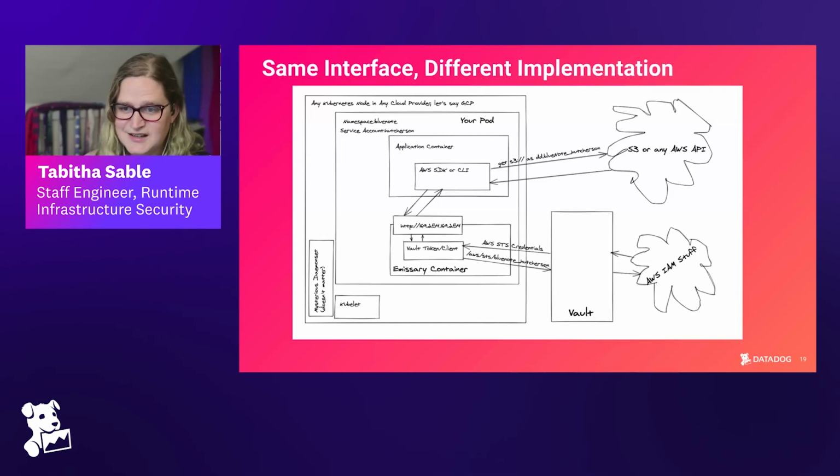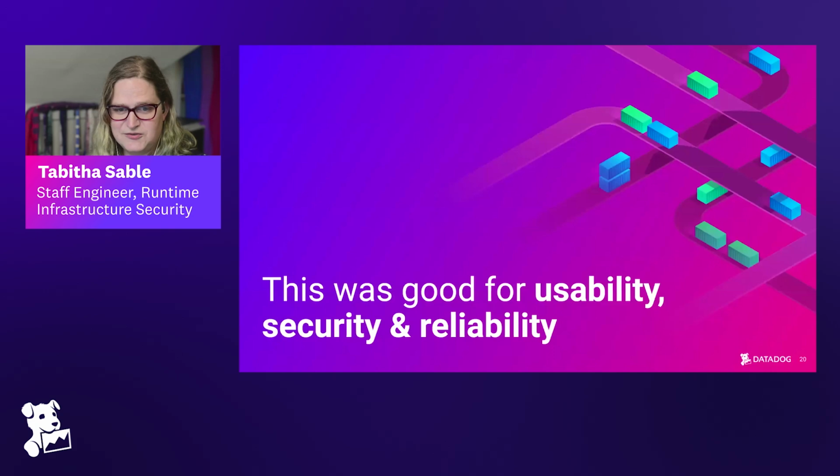And slide, just like this was good for security, reliability, and usability when it was KV store access for secrets in Vault, it turns out that it has been really good for all three of these things in the cloud provider access case as well. It all just looks and works identically to what the documentation from the cloud providers examples would expect, regardless of where it's running.